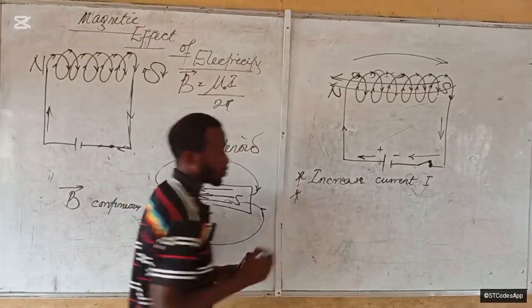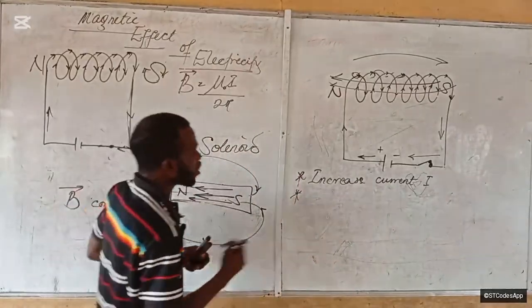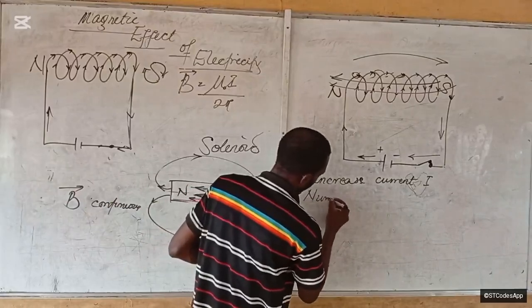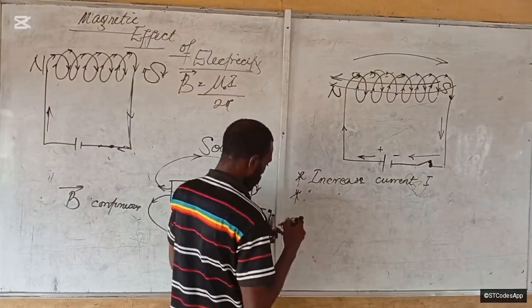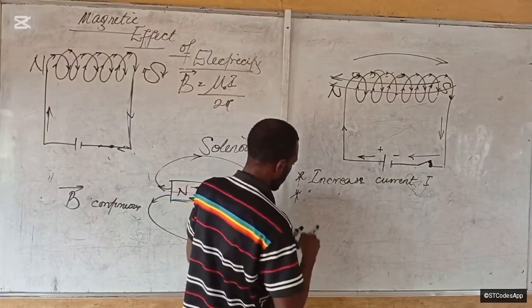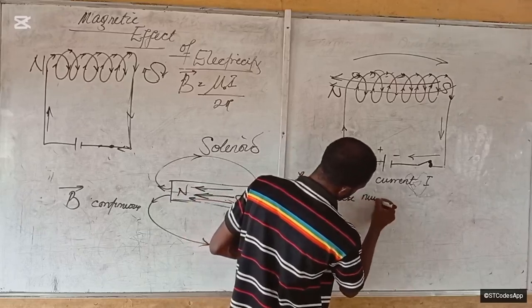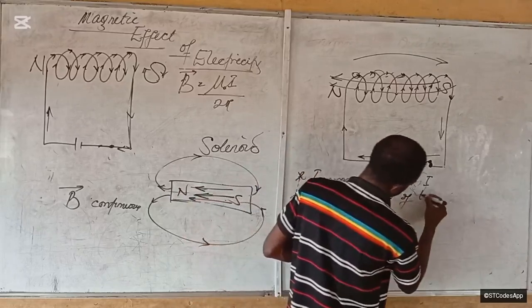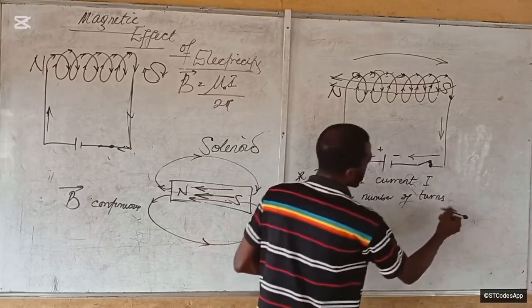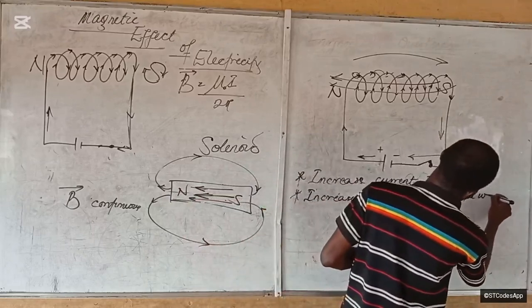Another way to increase the magnetic field is to increase the number of turns in the wire.